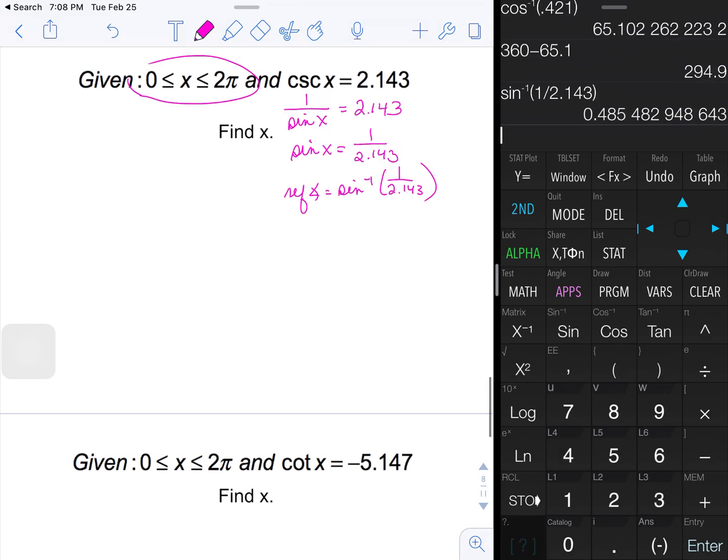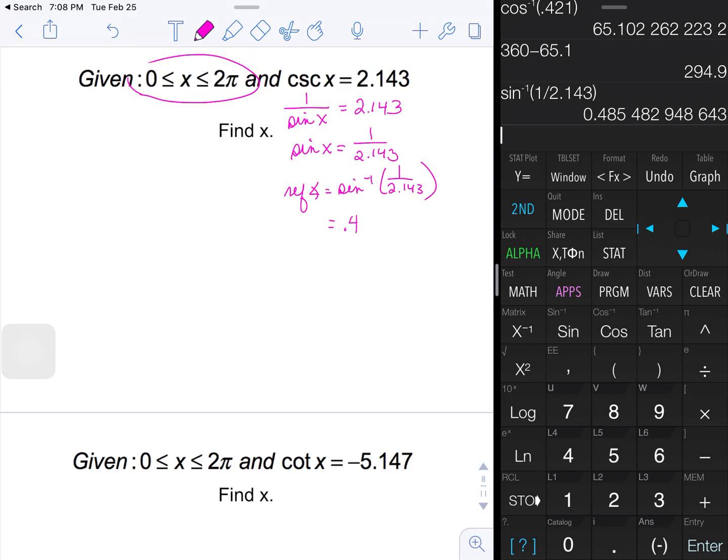And I find that my reference angle is 0.49 radians. Now, you'll notice that cosecant's positive, sine's positive, so I'm going to have solutions in quadrants where sine is positive. That is in the first and the second quadrant, so I'm going to draw them. One over here, one over there, both with 0.49 radians.